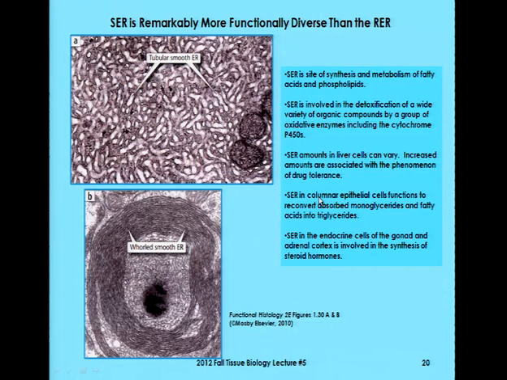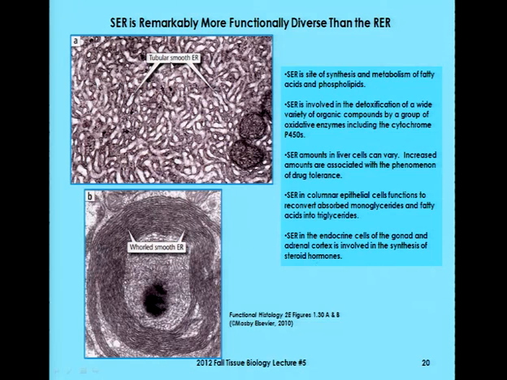In columnar epithelial cells, the smooth ER works to convert absorbed monoglycerides and fatty acids into triglycerides. And in endocrine cells of the gonad and the adrenal cortex, those cells have smooth ER involved in the synthesis of steroid hormones.